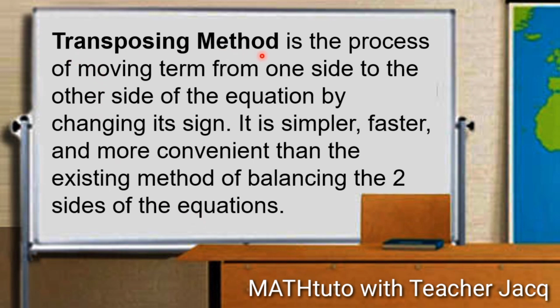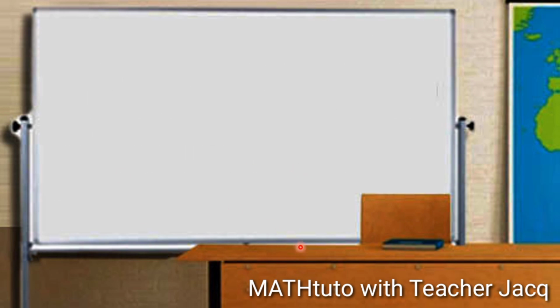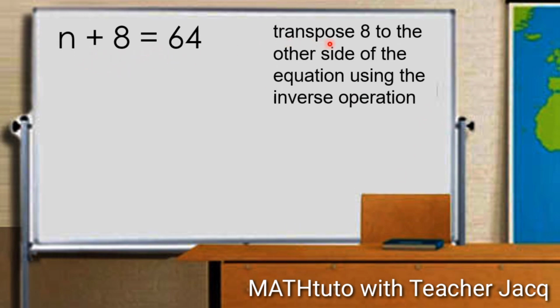Again, yung transposing method, it is the process of moving a term from one side to the other side of the equation by changing its sign. So, it is simpler, faster, and more convenient than the existing method. So, let us apply the transposing method sa ating given kanina. n plus 8 equals 64. So, we will transpose 8 to the other side of the equation using the inverse operation.